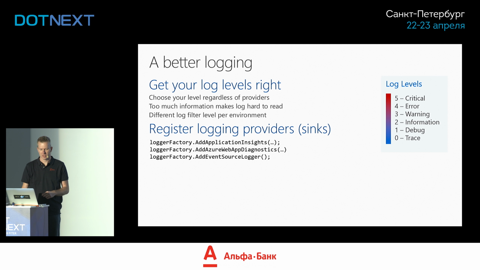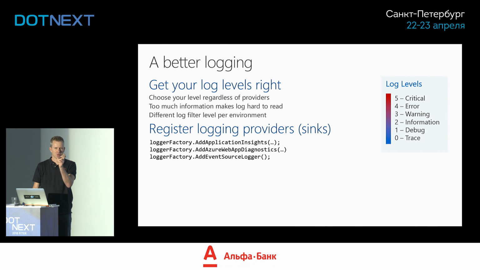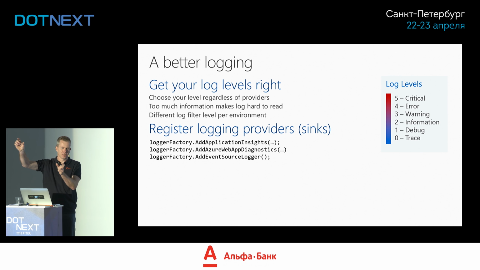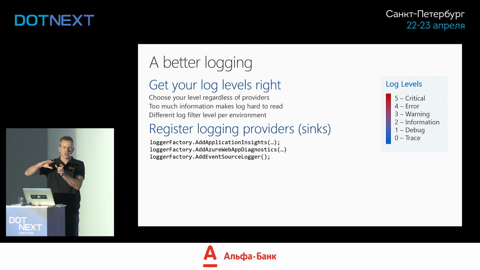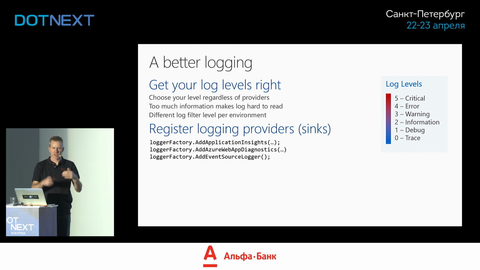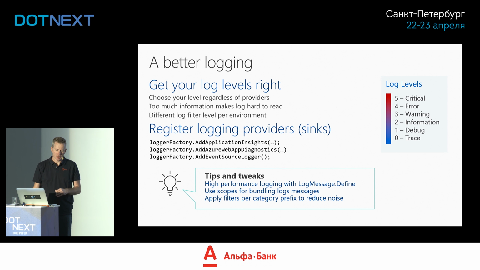So choose your levels wisely, and don't choose them because you want to say this needs to go to this particular log sink, like this needs to go in the event log. You shouldn't decide on that because your providers will just be registered, they will have their own filters on levels. You shouldn't take it into account when you are actually writing to the log.